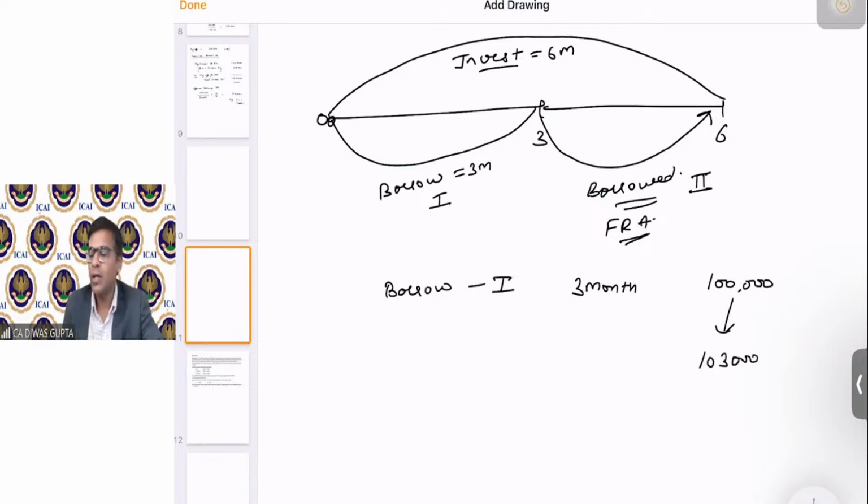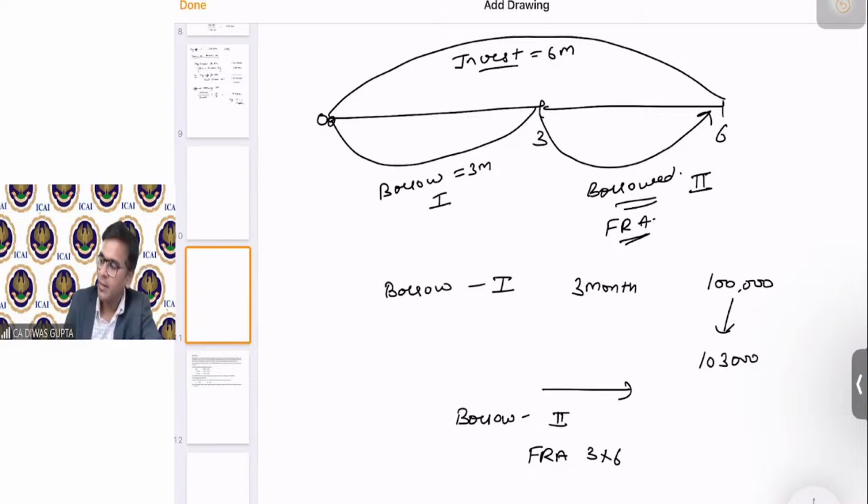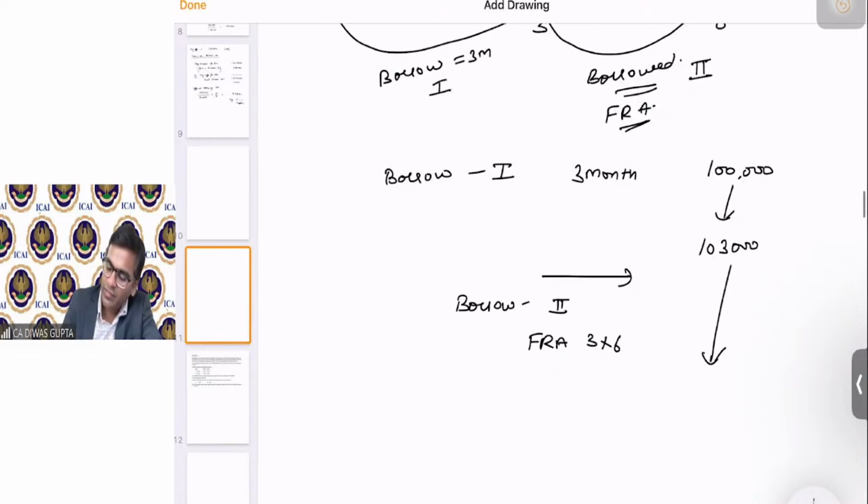Let's assume 3,000 is the rate. Now, here again, borrowing 2 will come. Borrowing 2 will be for FRA 3/6. So let's say that this 1 lakh 3,000 becomes 1 lakh 6,000 under FRA, right? So FRA also adds 3,000 of interest.